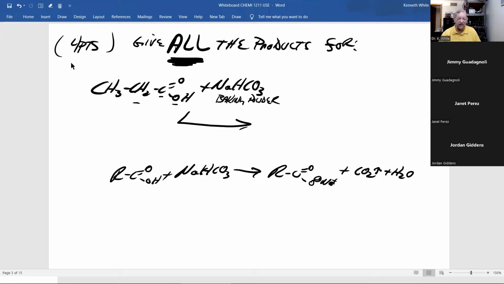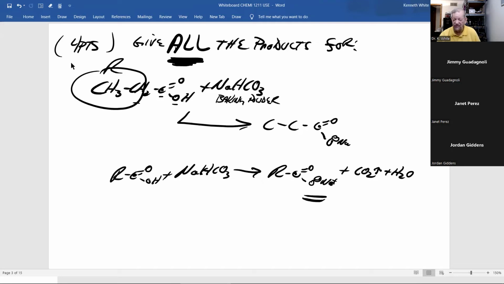So if I look at this, this is my R group. I start with 3 carbons, I end with my R group, 3 carbons, carbonyl. This carbon is this carbon, becomes this carbon, becomes this. And then if you look here, it's got an O minus and Na plus.